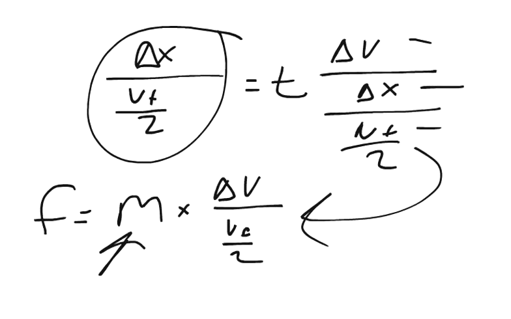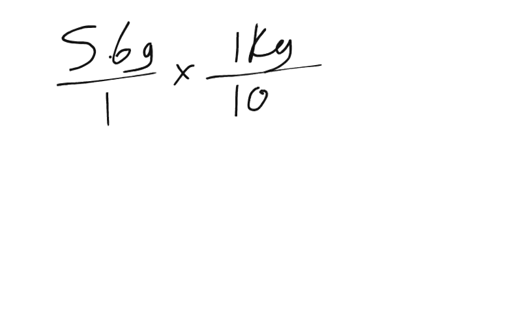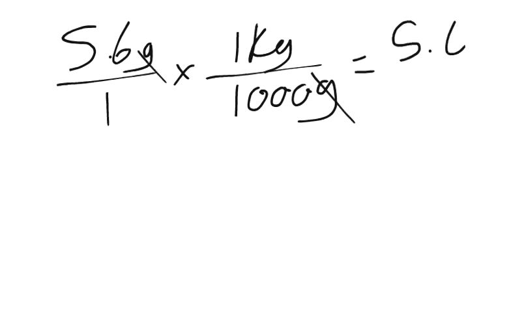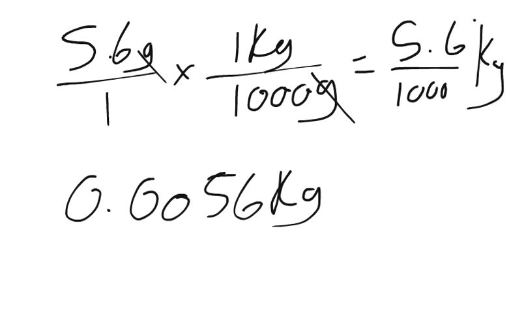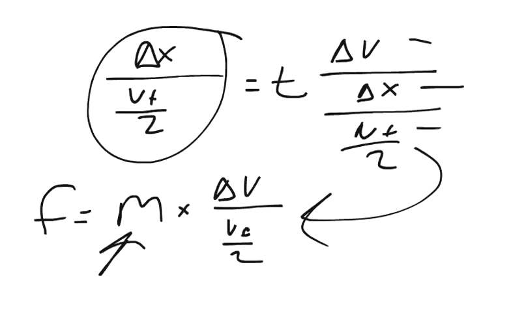So change the mass to kilograms before you start. 5.6 grams over 1 times 1 kilogram over 1,000 grams, the grams cancel, equals 5.6 over 1,000 kilograms, which is 0.0056 kilograms.